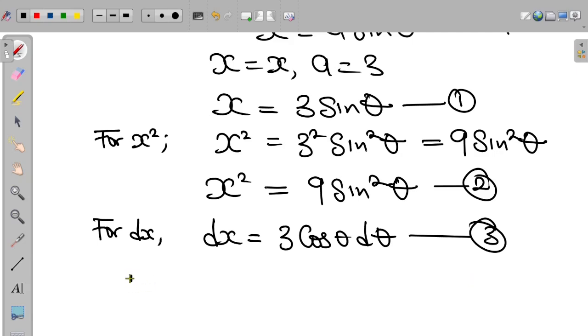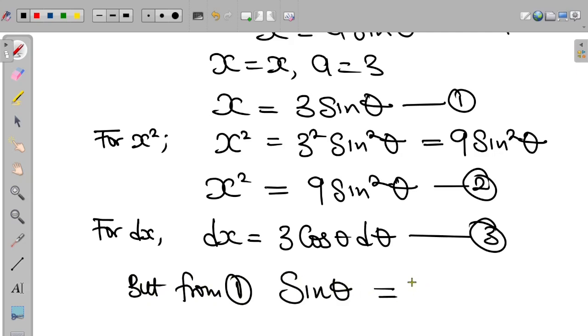But from equation 1, we can express that sine theta is equal to x divided by 3, where x at this point is the opposite and 3 is the hypotenuse. Now we are going to substitute equation 2 and equation 3 into our integral.